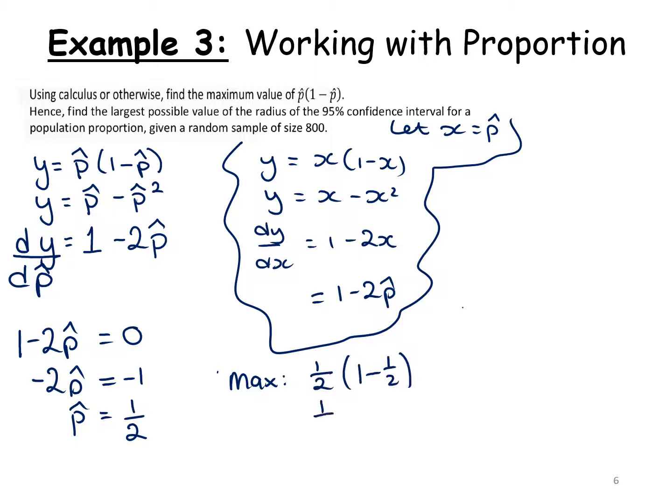So it'll be a half times a half, and the maximum value will be a quarter. So this is linking into what we've already done in calculus with regards to differentiating, letting it equal 0, finding the max value of usually x, and then subbing it back to find the function itself. But it's doing it with our p hats. So I'm just going to again clear the screen just to work with the next part.